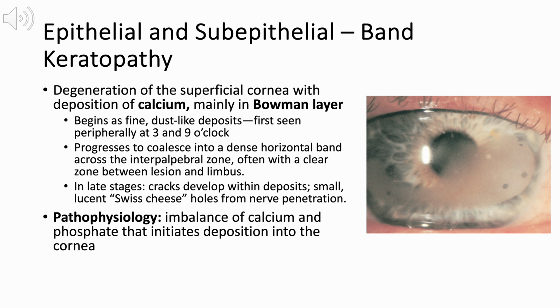Over time, these deposits progress and coalesce into a dense horizontal band across the interpalpebral zone, often leaving a clear zone between the lesion and the limbus. In the later stages, cracks may develop within the deposits, and small, lucent Swiss cheese holes can form due to nerve penetration. The underlying pathophysiology involves an imbalance of calcium and phosphate, which initiates calcium deposition into the cornea.